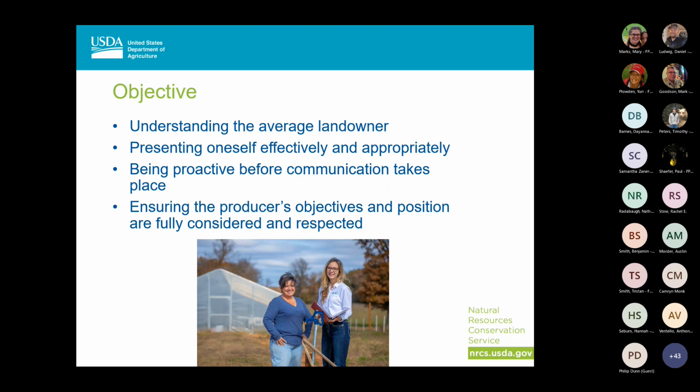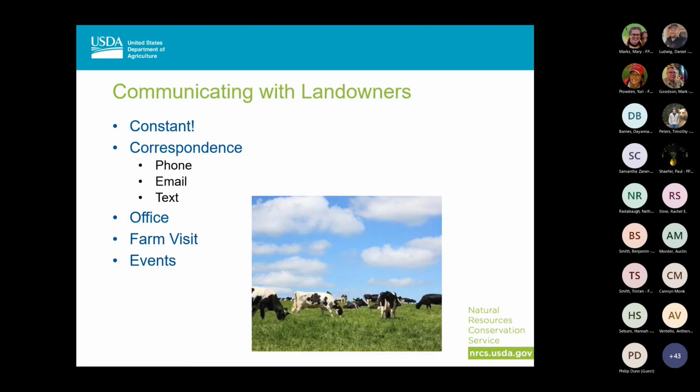Some of this is kind of to be expected. I don't think anything today is going to be too crazy, but just some great things to remember. And a lot of this comes from a document that was produced in NRCS a few years ago called Working Effectively with Private Landowners. So just some good things to remember, and hope y'all get a lot out of it today.